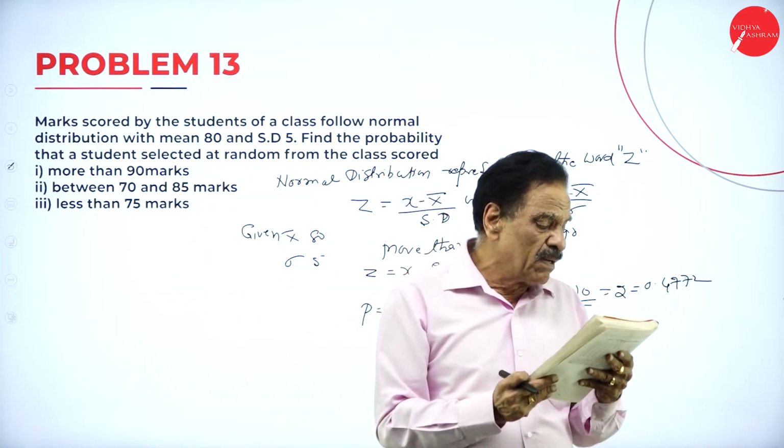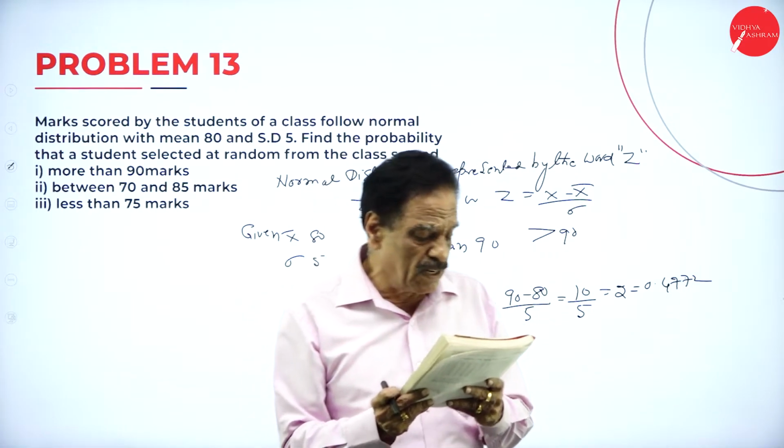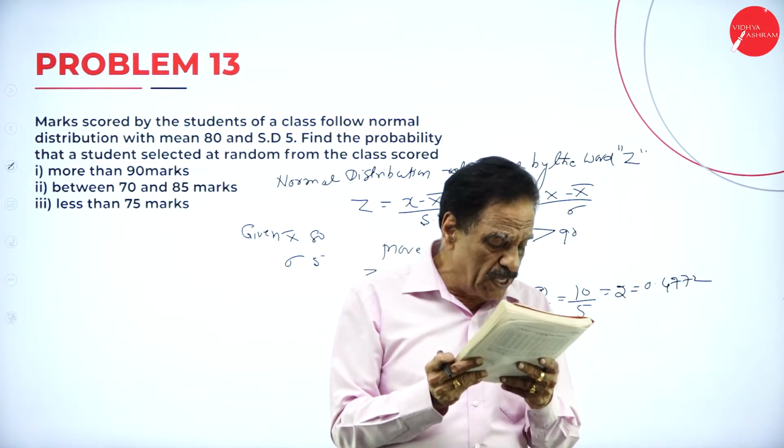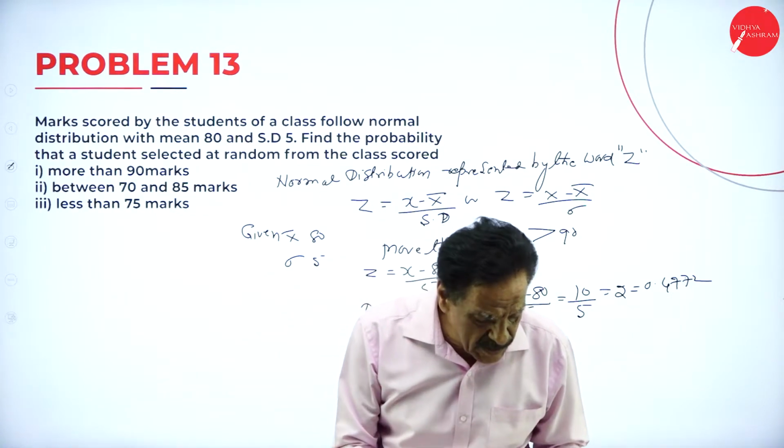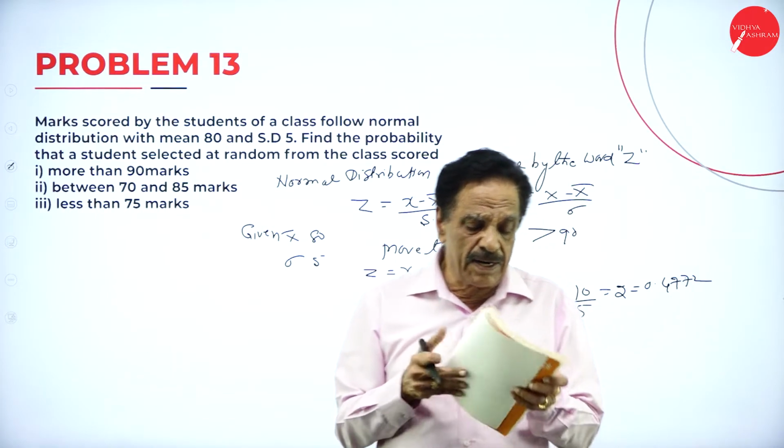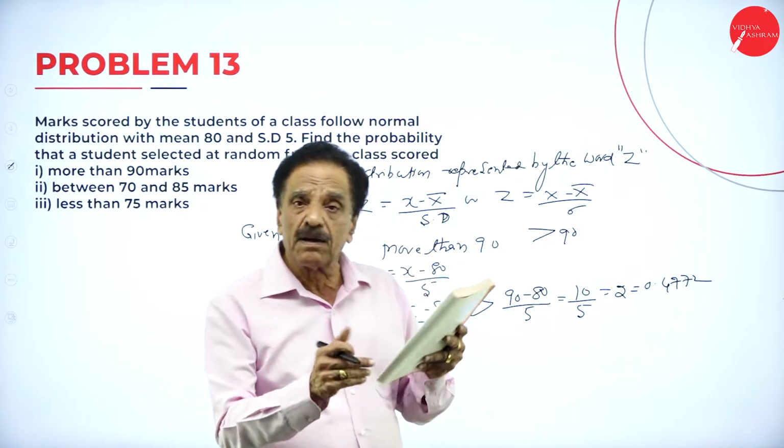Then here, the value for the 2 in the normal distribution, area under the standard normal curve.